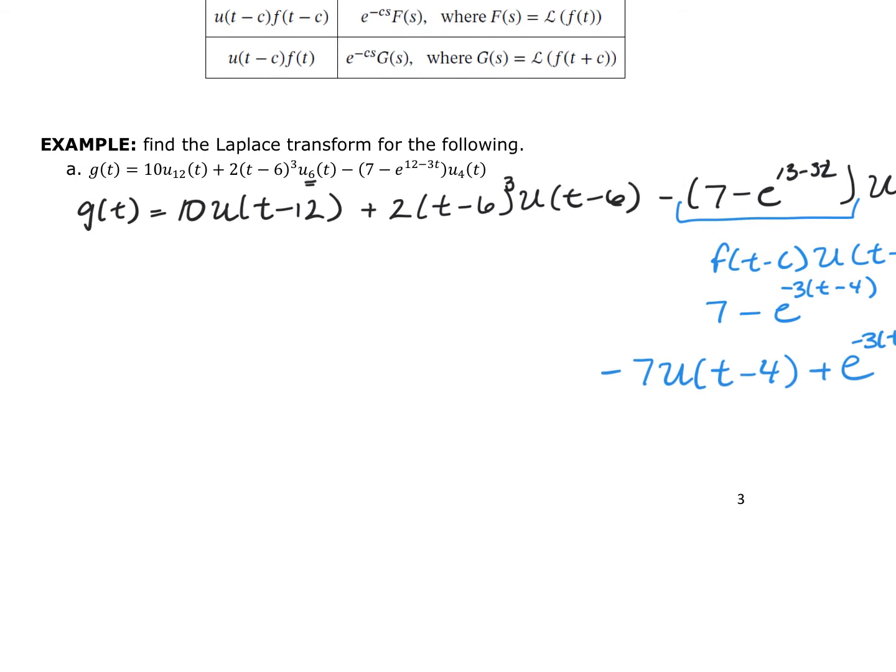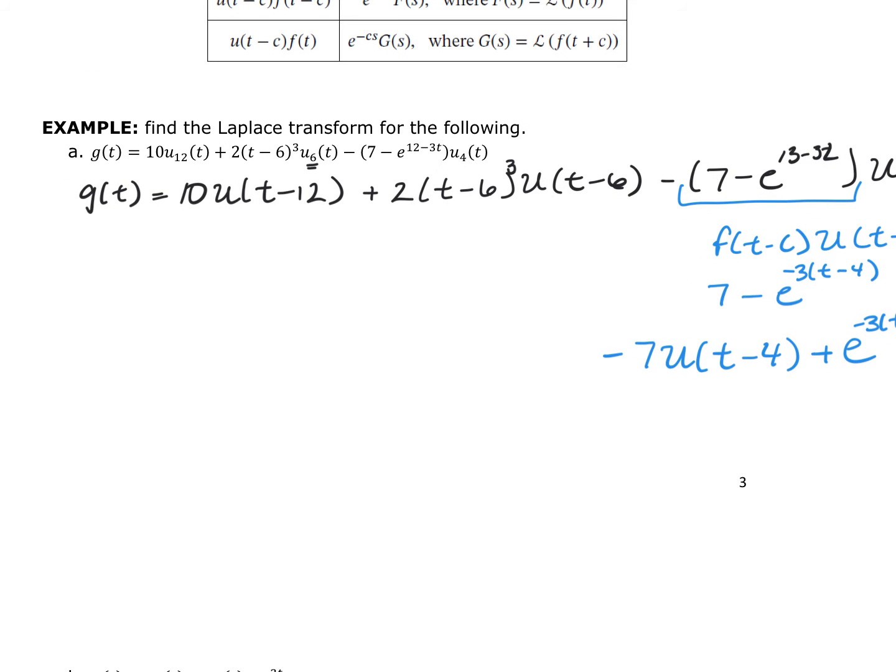All right, now I think I'm ready to do the Laplace transform, give or take. Now, this is kind of a little sticky, but this is like t raised to the n, where n is equal to 3. So I'm going to use the t to the n type form for that Laplace transform.